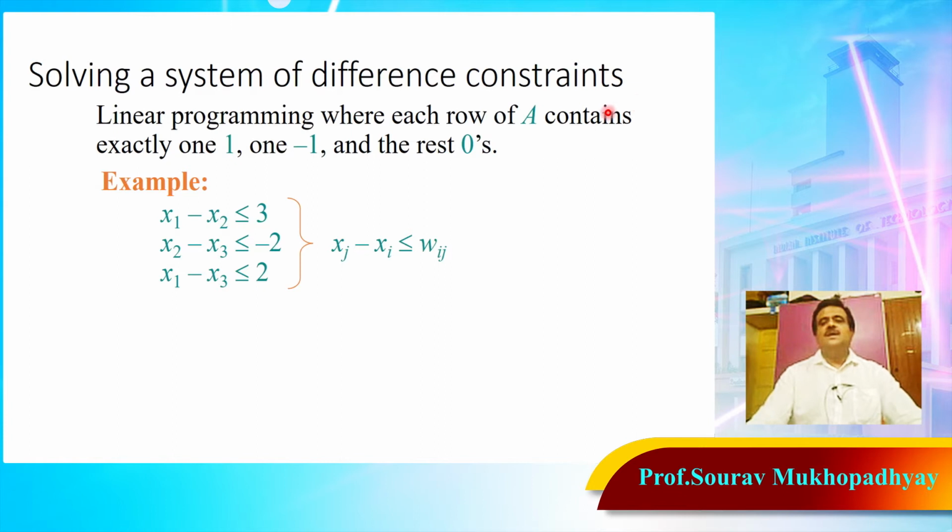In this case the matrix A is such that we have only two variables in each inequation. So x1 minus x2 less than or equal to 3, x2 minus something, so only two variables. Each row of A contains only one 1 and one minus 1, the remaining entries are zeros. That will give us this type of system of difference constraints.